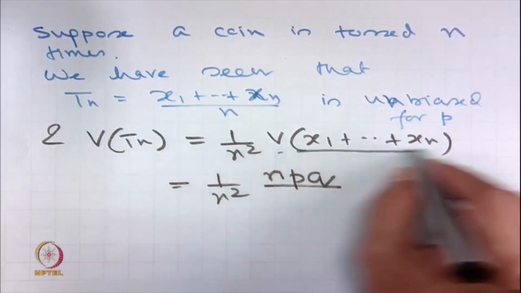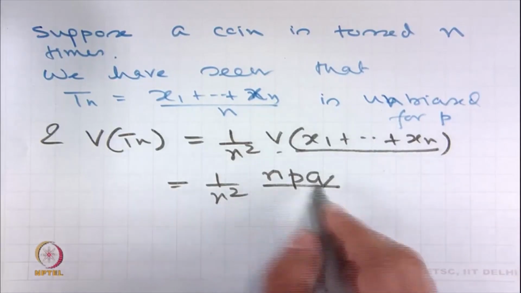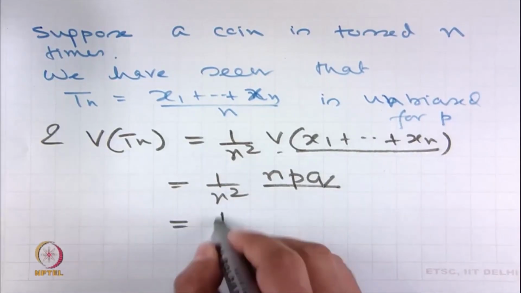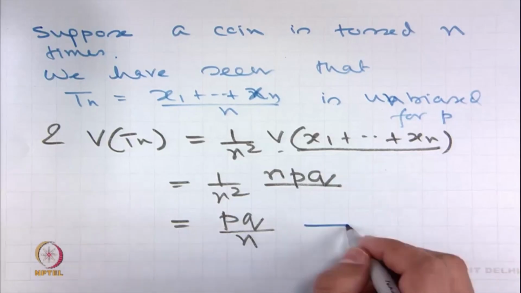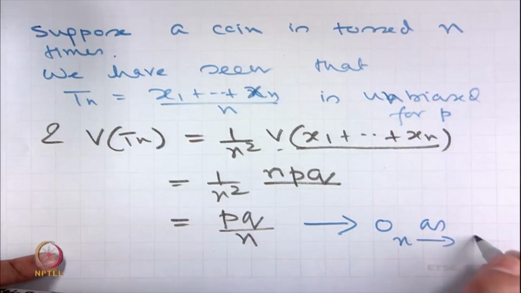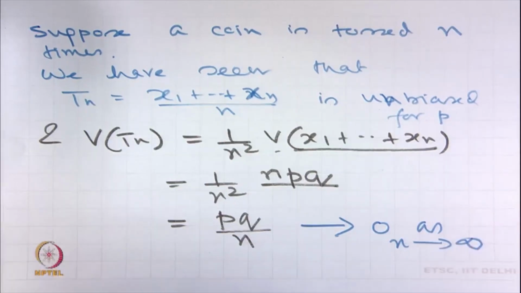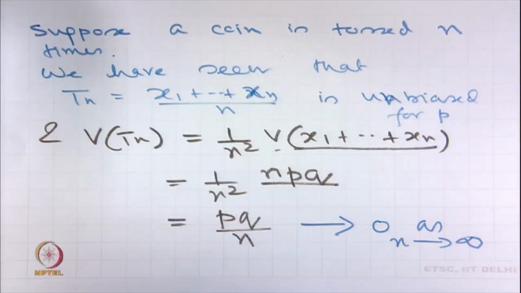This we know because it is a binomial random variable, its variance has to be n p q. Therefore, this is equal to p q by n. Therefore, this goes to 0 as n goes to infinity. Therefore, this sample mean is not only unbiased, it is consistent for estimating p.